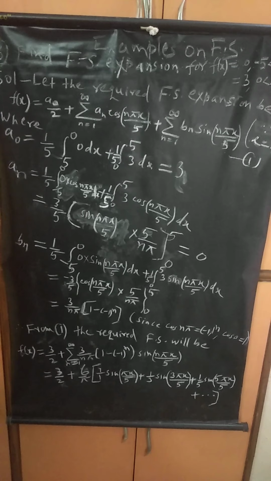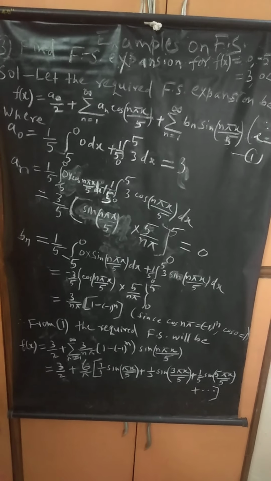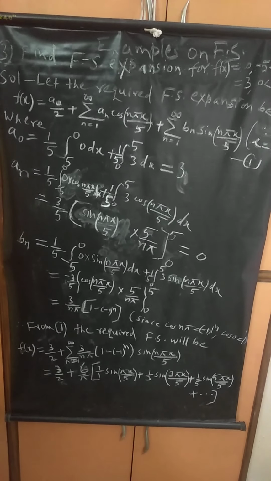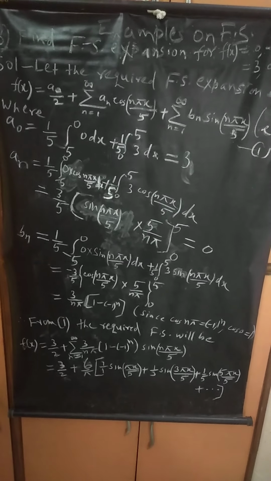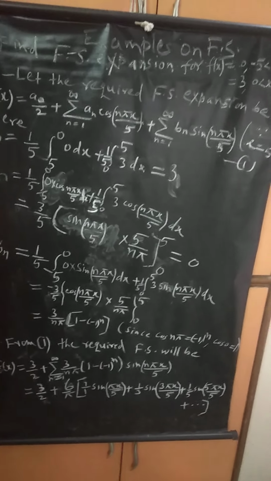Therefore an = 3/5 times the integral of cos(n pi x/5), which is sin(n pi x/5) times 5/(n pi), with limits 0 and 5. This comes out to be 0 because sin(n pi) is 0 and sin 0 is 0.